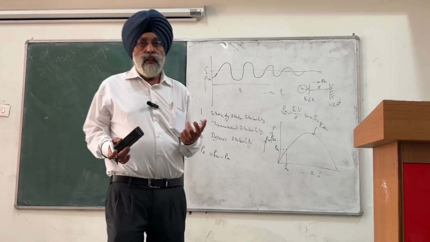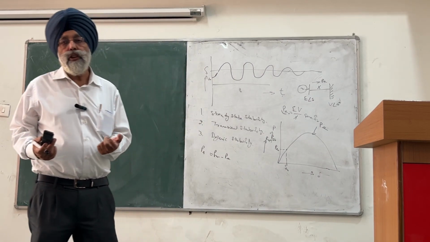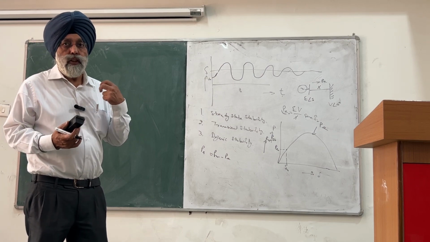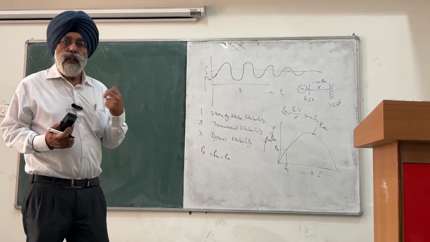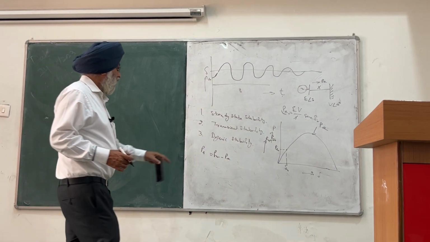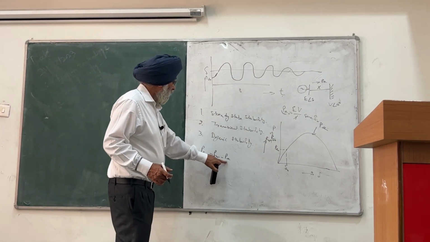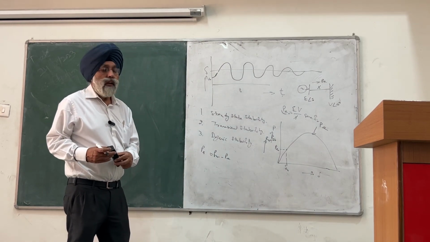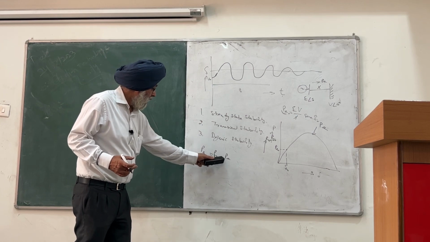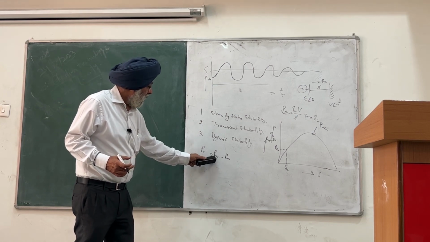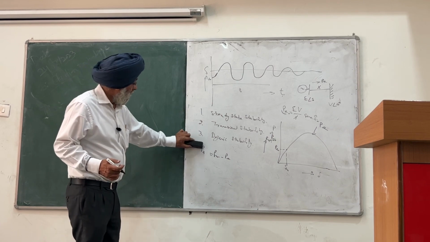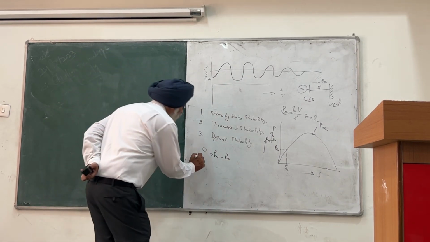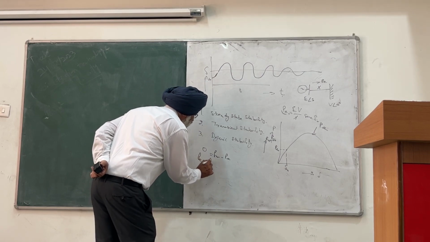Under that case, if your machine is a lossless machine, meaning there are no friction or windage losses in the machine, however much power we are supplying will be equal to the power we are getting from the machine. So PM will be equal to PE, or we can say the accelerating power PA between PM and PE is equal to 0, or PE is equal to PM.